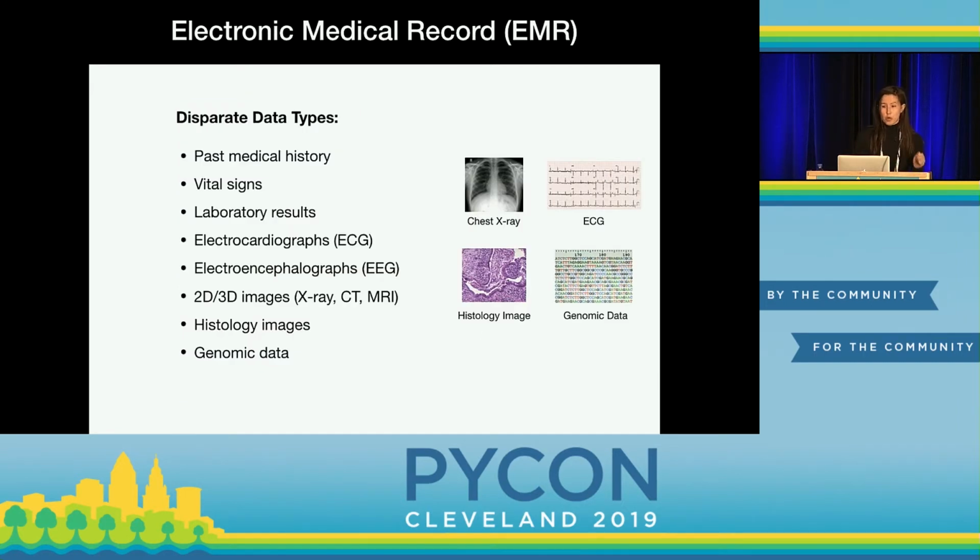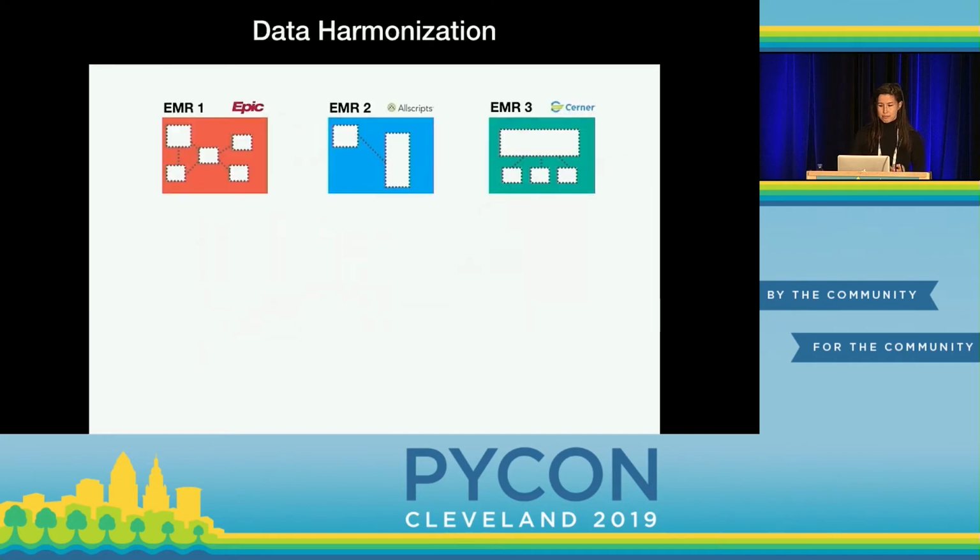To make things even more complicated, electronic medical records contain disparate data types, including unstructured text from clinical notes, 2D and 3D medical images, time series signals such as EEG and ECG, as well as genomic data. These discrepancies across EMRs need to be taken care of, and they can be taken care of through a process called data harmonization.